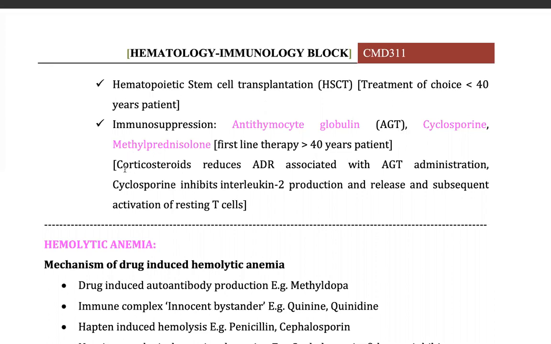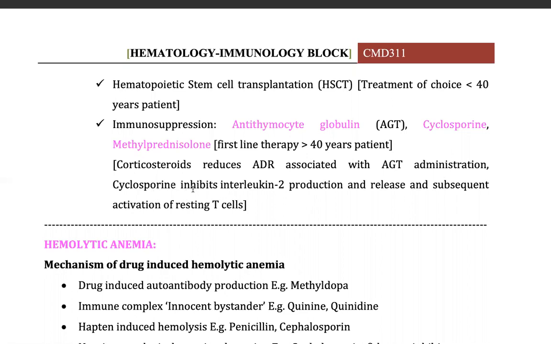Methylprednisolone is a corticosteroid. Corticosteroids are also recommended. Why? Corticosteroids reduce adverse drug reactions associated with ATG, anti-thymocyte globulin, administration.